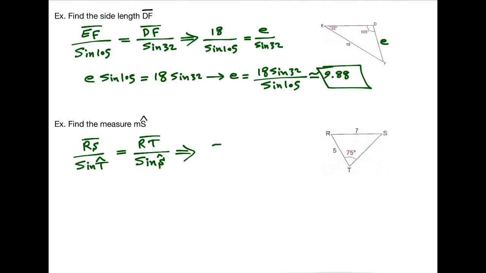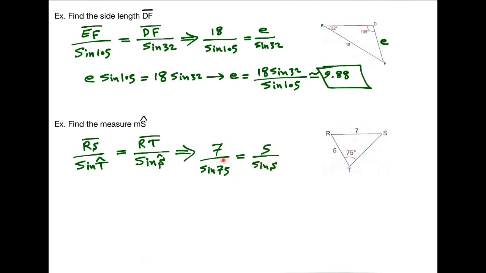RS is given by 7 units divided by sine of 75, and that must be equal to 5 divided by sine of S. This sine S is the thing we are going to find, right?